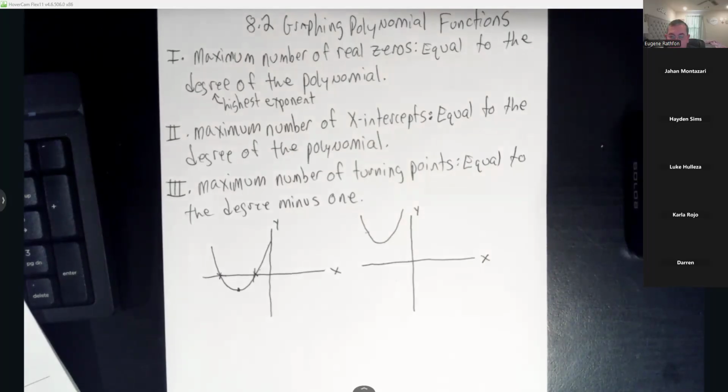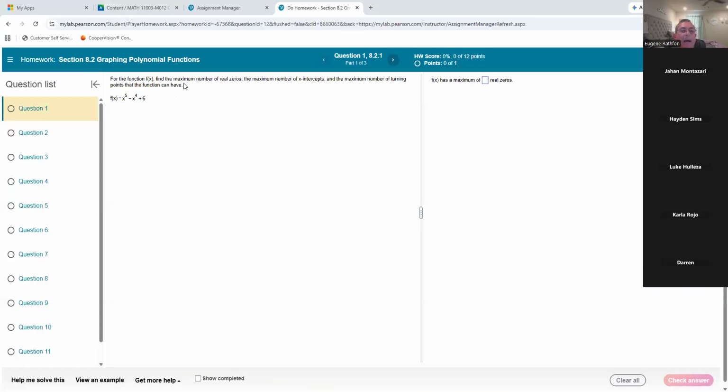So y'all give me a second. I'm going to pull up MathLab and see what y'all do with these. Hey, y'all, and I got our chat open. So on this first one, they want you to find the maximum number of real zeros, maximum number of x-intercepts, and the maximum number of turning points.